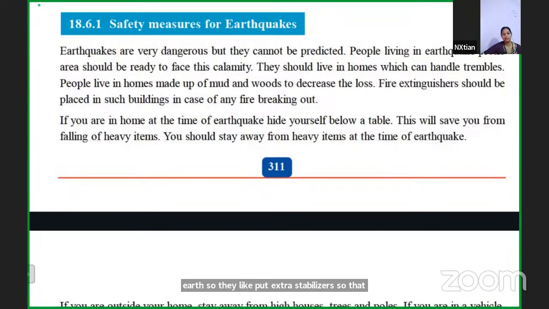Yes, that is right, Abraham. Japan is an earthquake-prone area. We do hear of a lot of earthquakes that take place in Japan, and yes, they do take measures to make the area earthquake-proof.